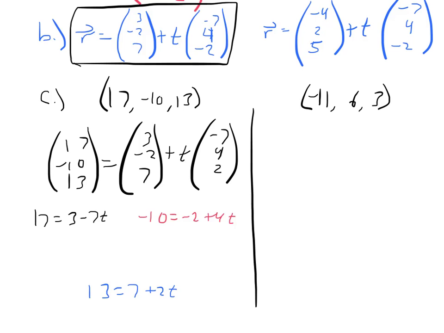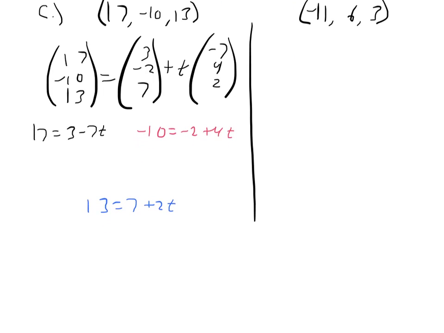So now I'm just going to solve each one of these, right? When I solve that black equation, I end up with 14 equals negative 7t, so t is negative 2. Okay, there's one possibility. We go on to the red one, negative 8 equals 4t, so t is again negative 2. Things are looking good. Two of the coordinates matched up.